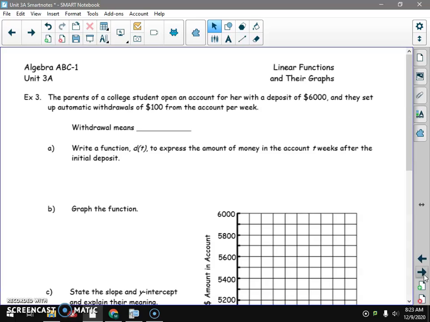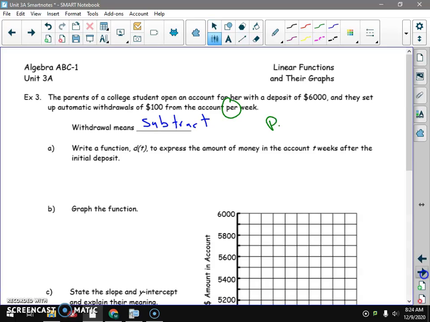And if she withdraws $100, what operation do you think withdrawal might mean? Absolutely. Subtract. So now we're going to write a function, and we're always going to do this. Per gets the X. So I see 2 numbers, 6,000 and 100.